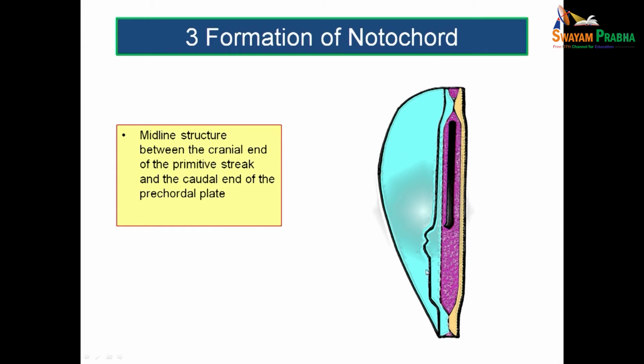This is the cephalic end of the primitive streak. This is the precaudal plate, so this is the caudal end of the precaudal plate. From the cephalic end of the primitive streak till the caudal end of the precaudal plate, a rod-like extension along the midline in the mesoderm is what is meant by notochord.